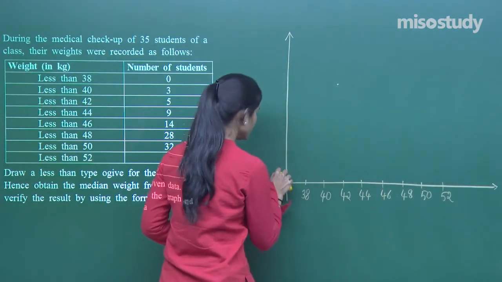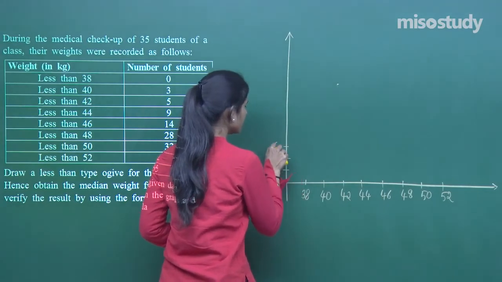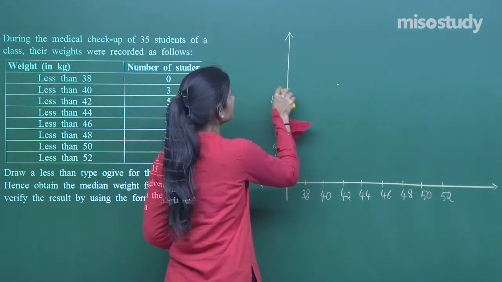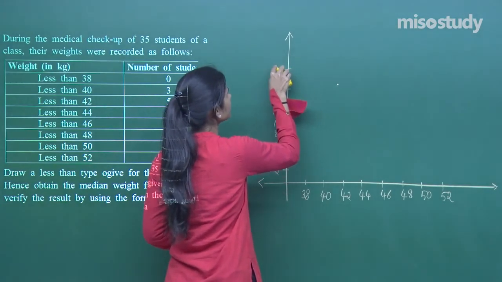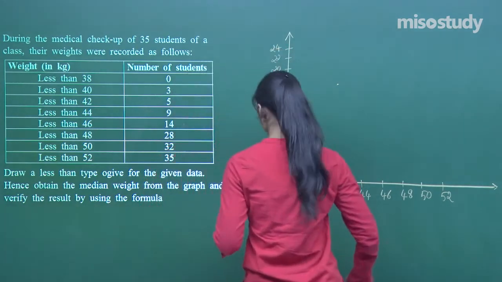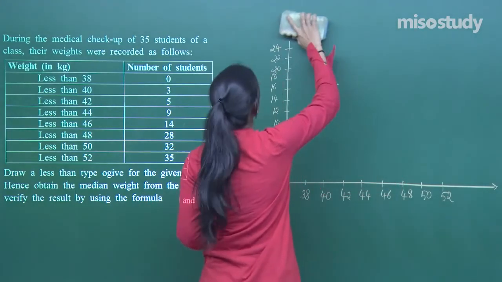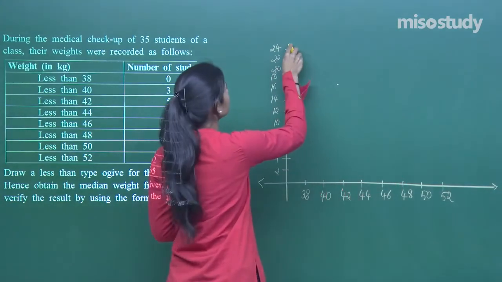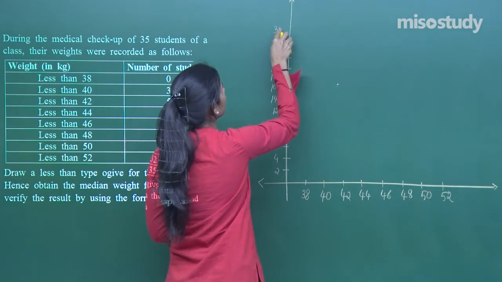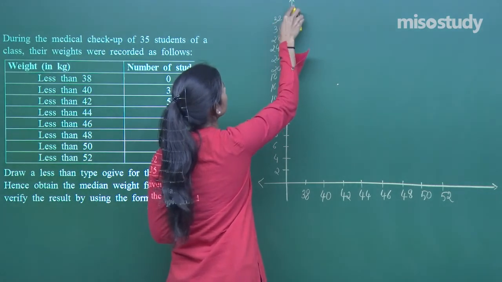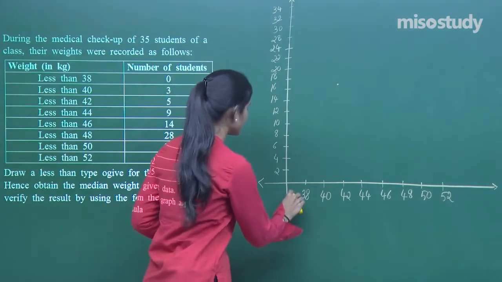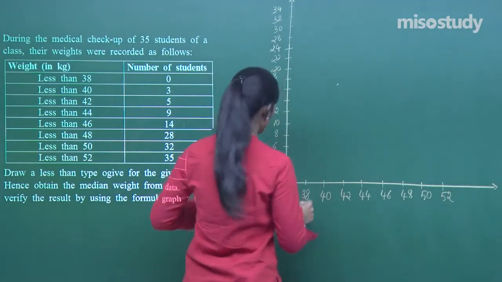Here also let me mark 2, 4, 6, 8, 10, 12, 14, 16, 18, 20, 22, 24. Let me rub this and extend this: 22, 24, 28, 30, 32, 34. Clear?